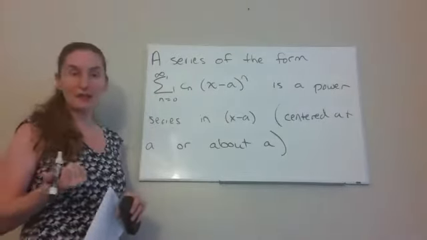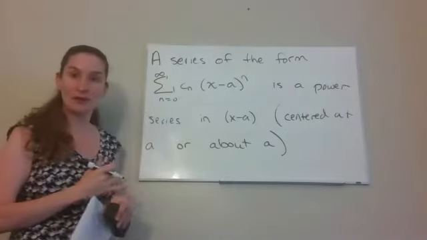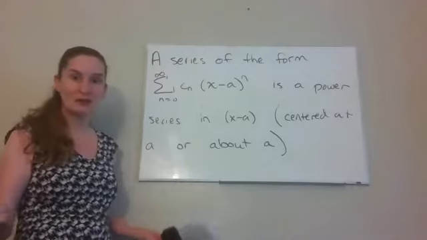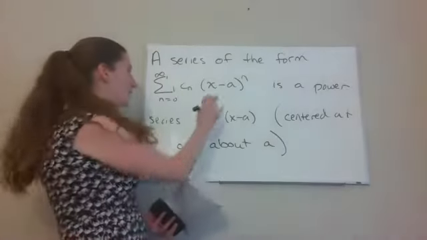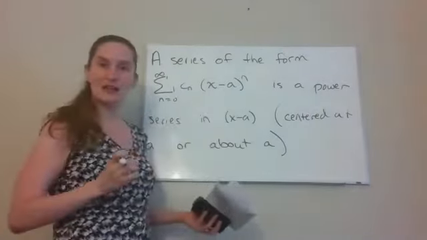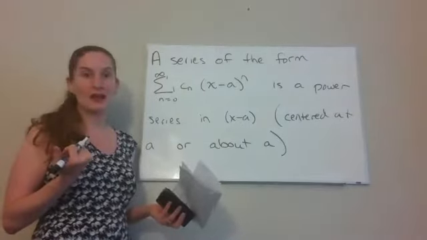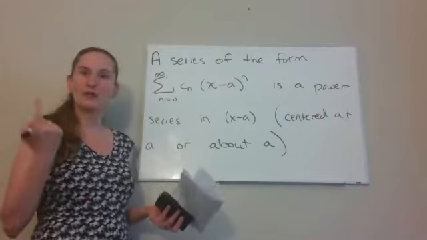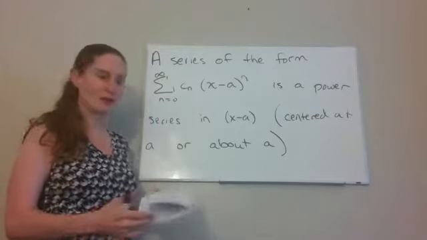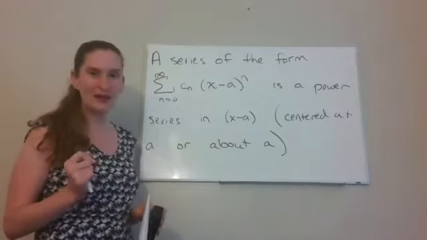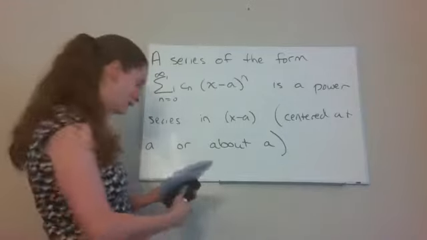Because when x equals a, this just becomes a sum of zeros. And 0 added together infinitely many times is still 0. And when it doesn't have this minus a shifting it, and it's just an x to the n, that series is going to converge when x is 0. So there's always at least one point which makes the power series converge. But it's not always just one point. It can be many different points.